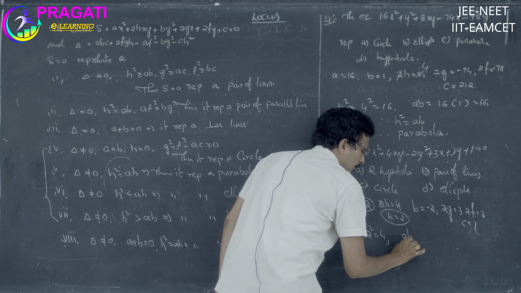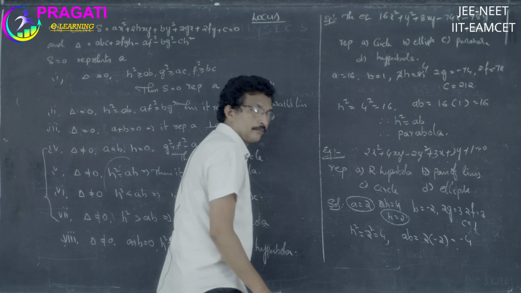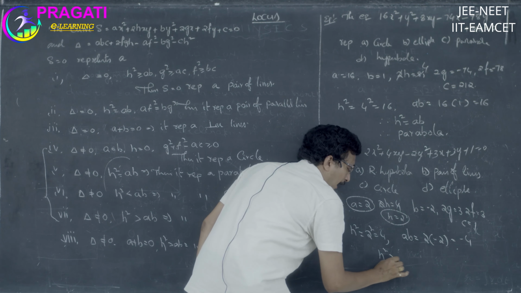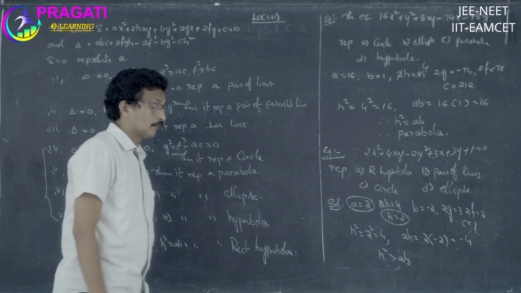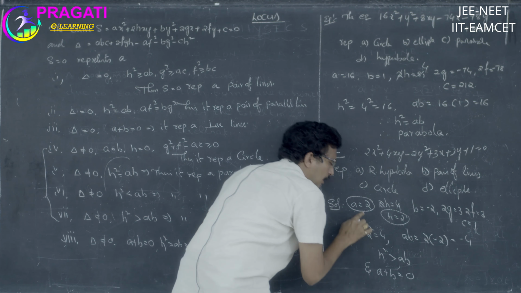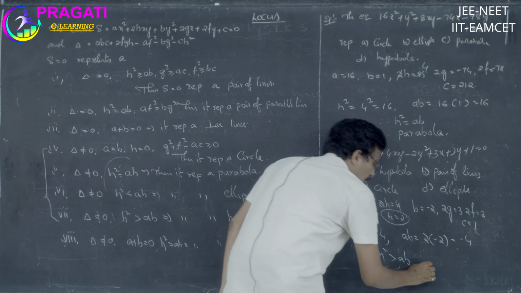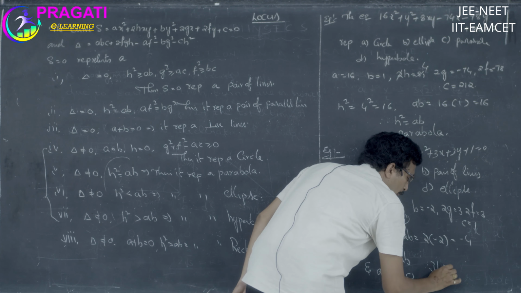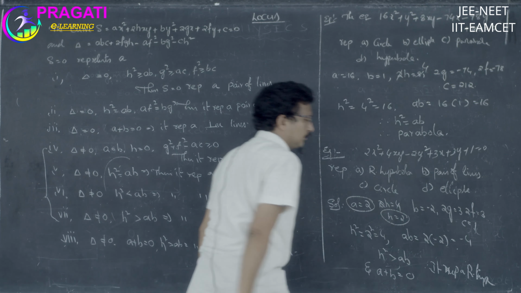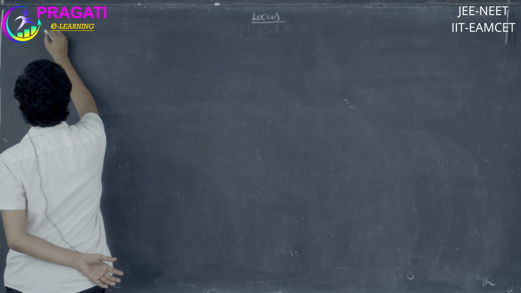And AB, what is A? What is B? Here h square is equal to 4, AB is minus 4, that means h square is greater than AB, it is clear. And also, what is A plus B? A means 2, B means minus 2. 2 plus minus 2 is equal to 0. Therefore, it represents a rectangular hyperbola.